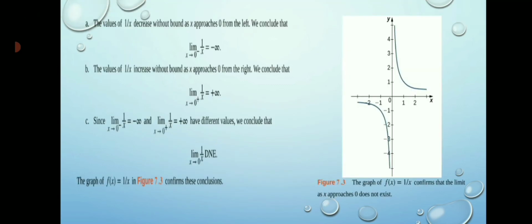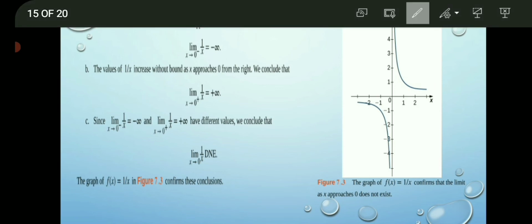Next, in letter A, the values of 1 over x decrease without bound as x approaches 0 from the left, so we can conclude that the limit as x approaches 0 from the left of 1 over x is negative infinity.